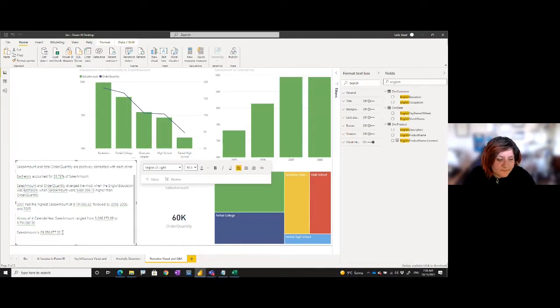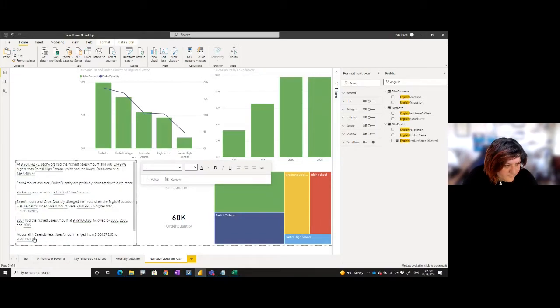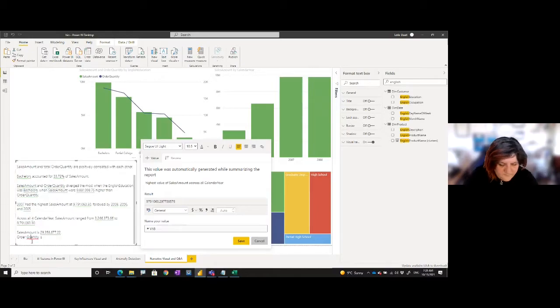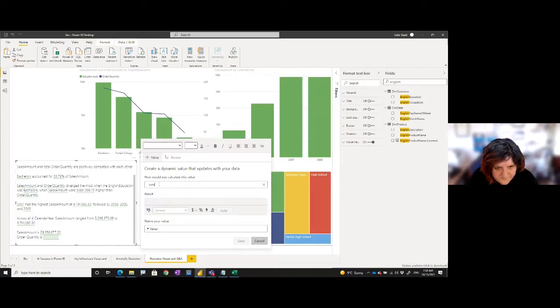You can add to that one. You need to set that, for example, order quantity is, sorry about my typos. Quantity is, so here I can add a value over here and I call it sum of order quantity.